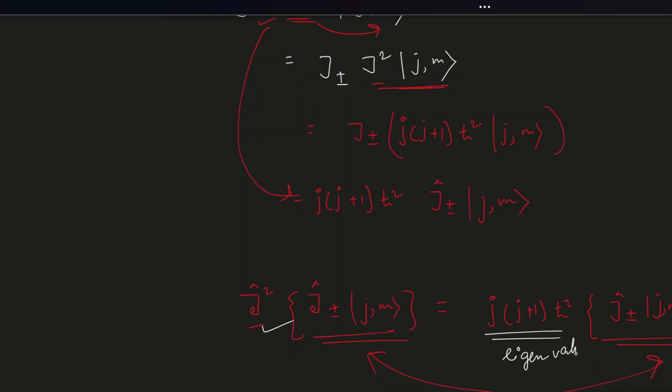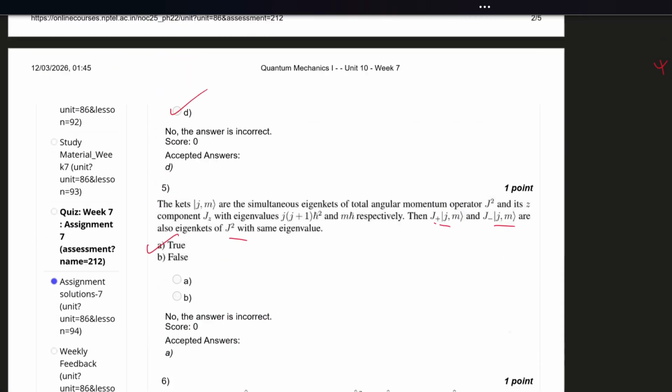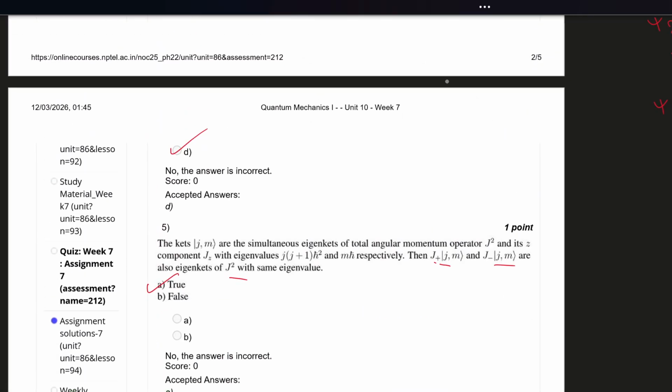This is the same eigenvalue, and this is an entirely new eigenstate. So jm is an eigenstate, and j plus minus acting on jm is another eigenstate with the same eigenvalue. So this statement is true. Out of these two options in question number 5, we will say that this is true, which we have just solved.